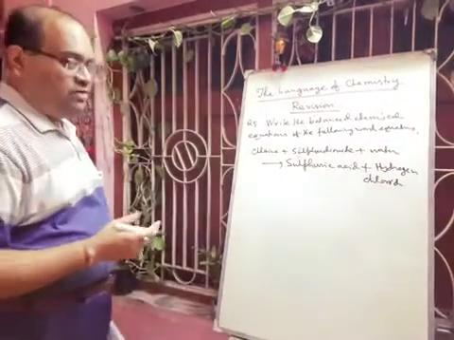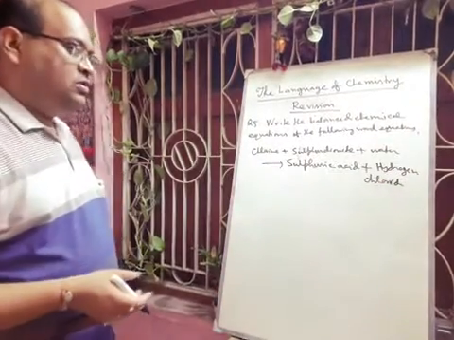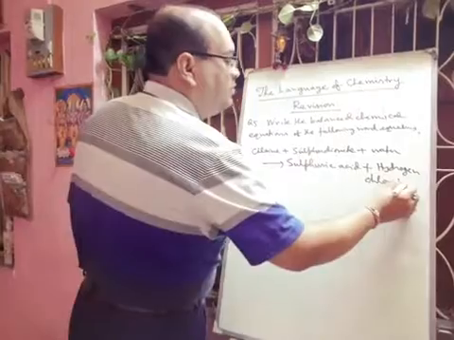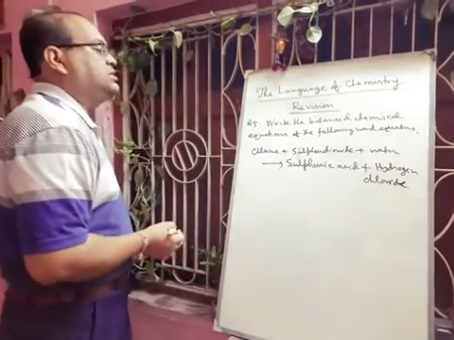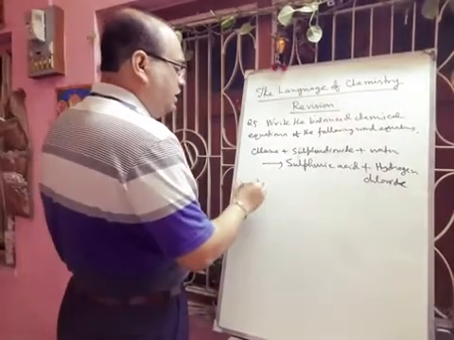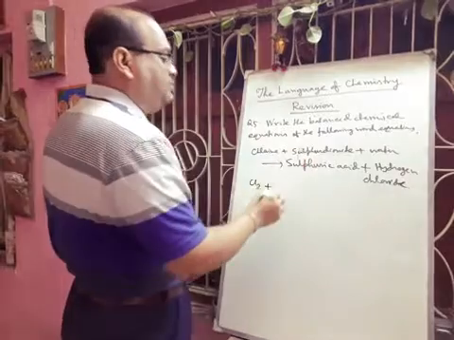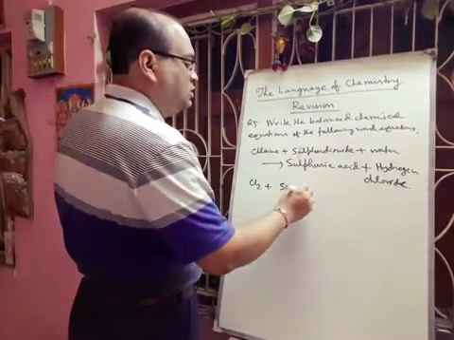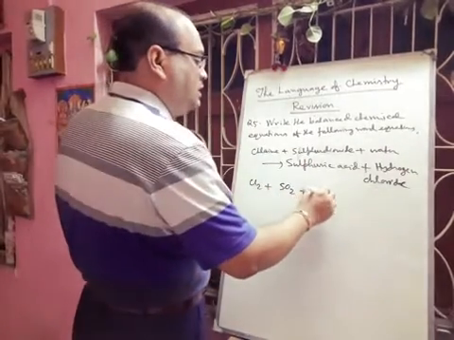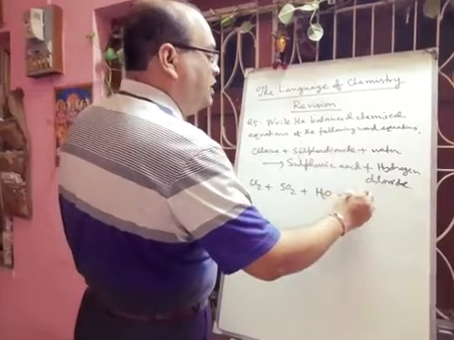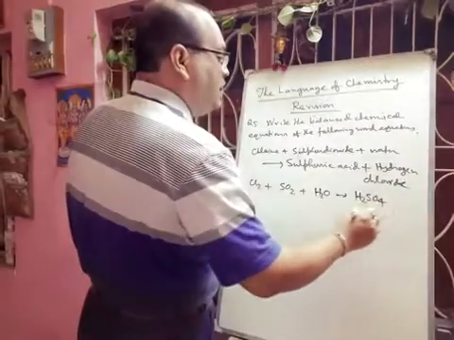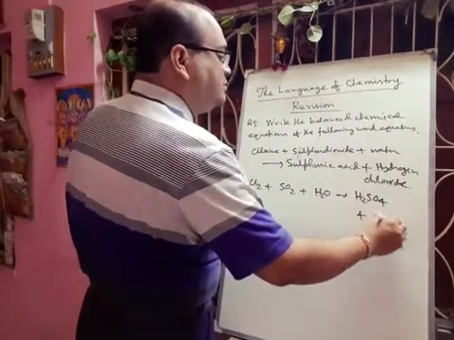First you have to know the formula, otherwise you will not be able to write the balanced equation. Okay, so first you write chlorine exists as Cl2, sulfur dioxide is SO2, it is reacting with water and it will form H2SO4 plus there will be formation of HCl.